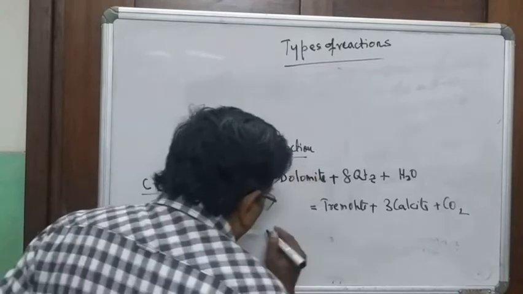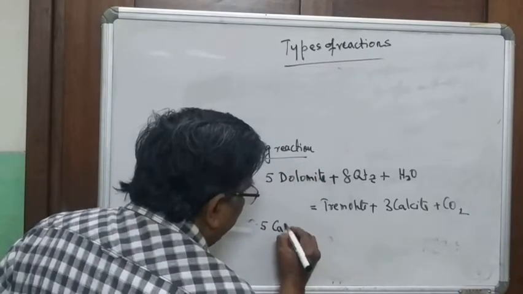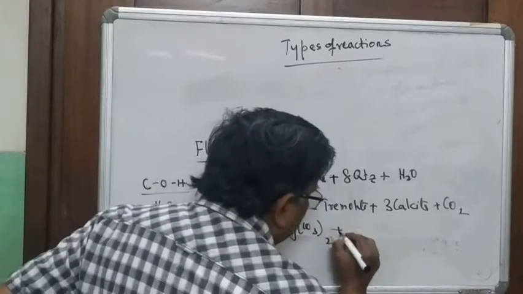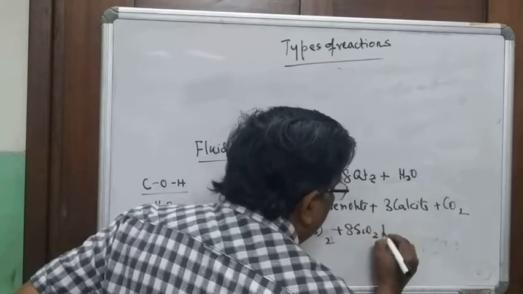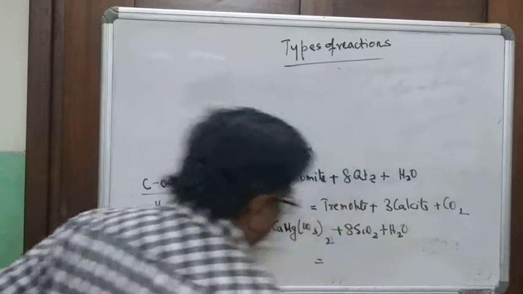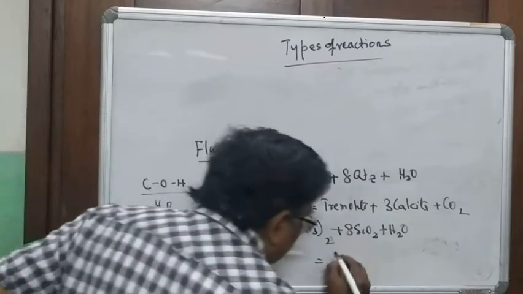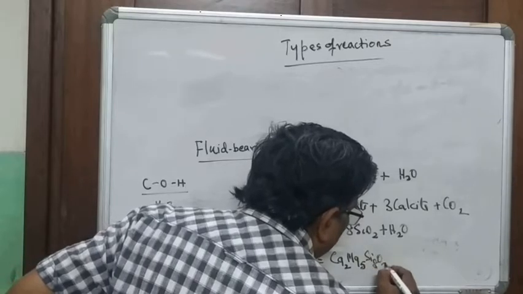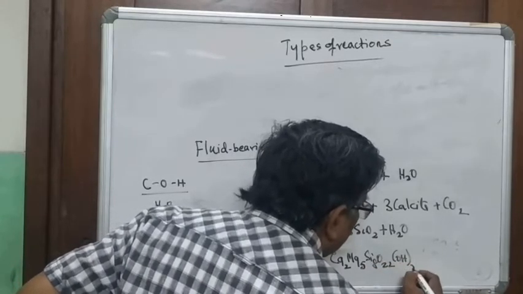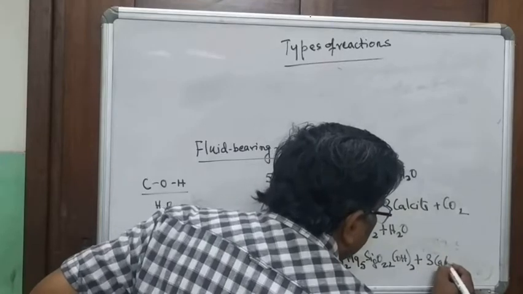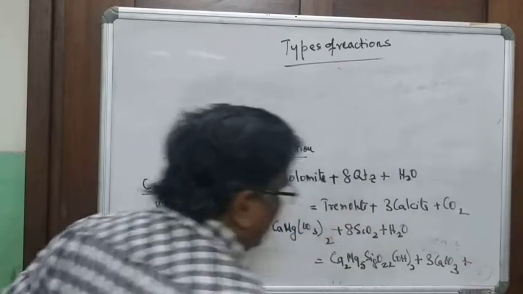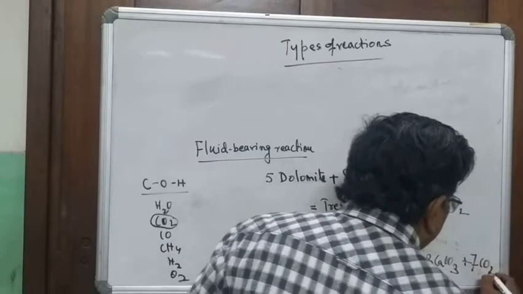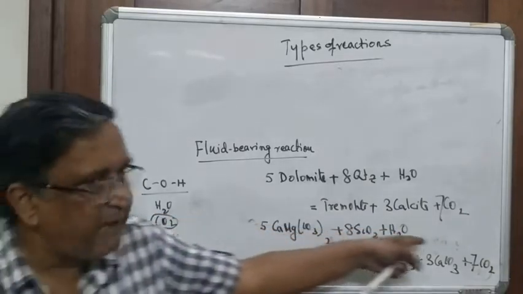In other words, if I write the formula: 5 CaMg(CO3)2 plus 8 SiO2 plus H2O is equal to tremolite Ca2Mg5Si8O22(OH)2 plus 3 CaCO3 plus 7 CO2. So this is a balanced reaction.